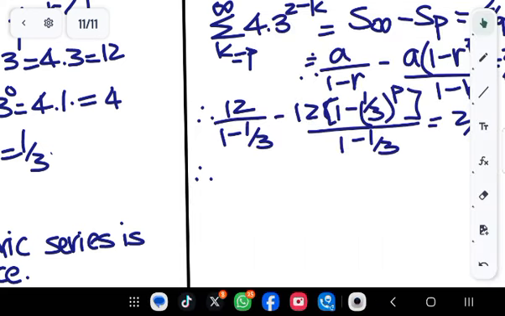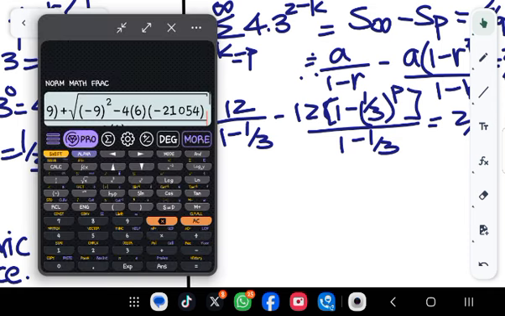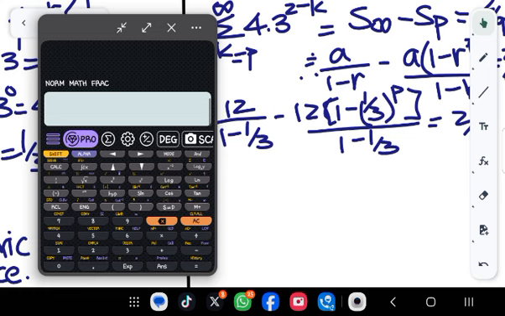It is a common factor, but I don't want to take it out just now so you can see exactly what's happening. So we've got 12 over 1 minus a third.